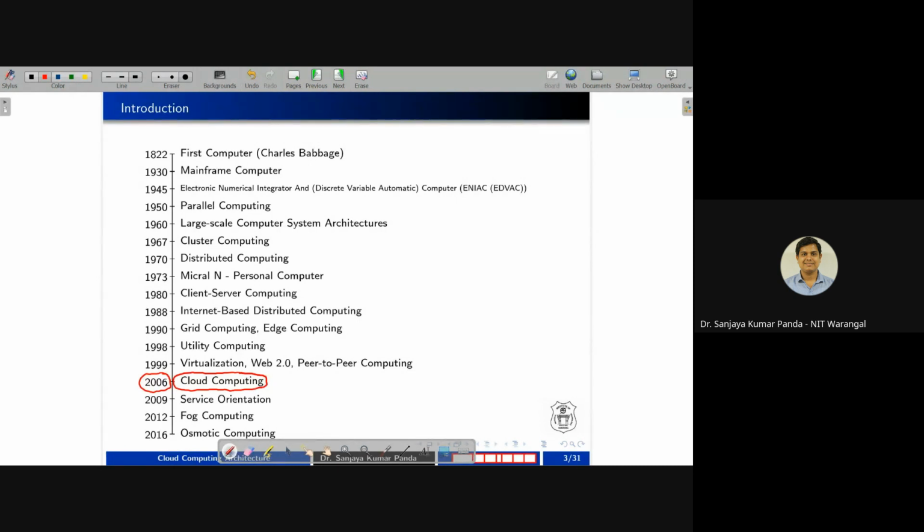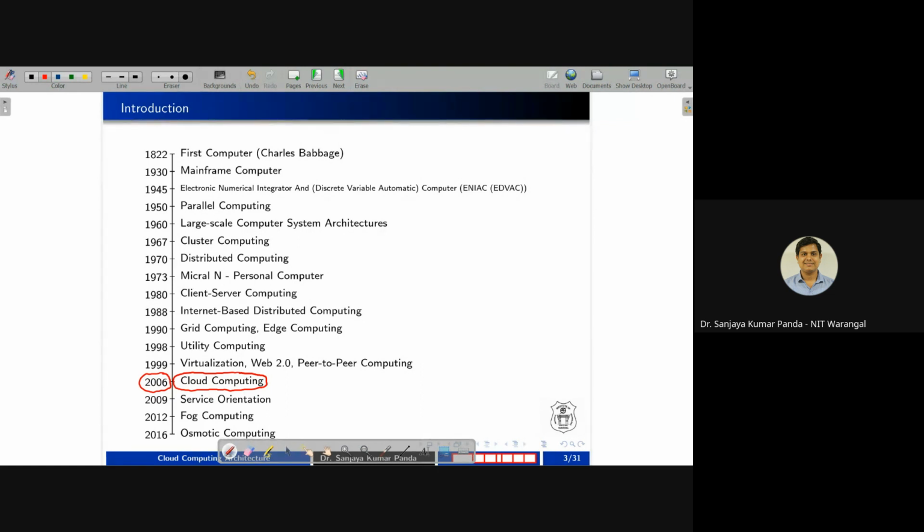Everything is considered as a service. For example, electricity can be considered as a service. Our water bill is also now considered a service, right? Based upon our usage, we pay the electric bill, mobile bill, or water bill. So everything is treated as a utility.